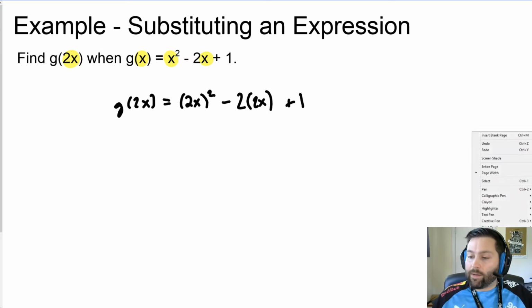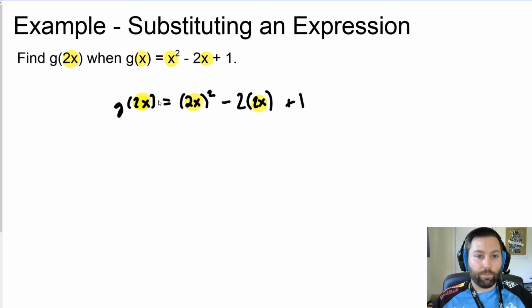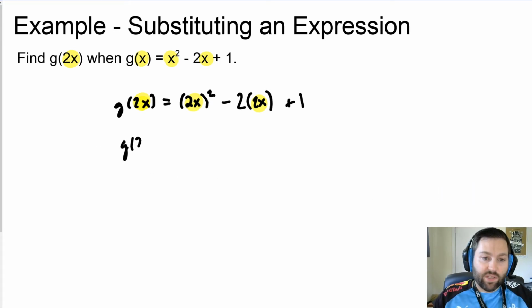So if you look at, and I'm going to again illustrate with my highlighter, instead of x, now there's a 2x. Instead of x to the second, there's 2x raised to the second. Instead of 2 times x, it is 2 times 2x in here. So instead of all the x's, now I wrote 2x. So to simplify it, I am going to leave the left side alone, because again, there's nothing to actually simplify there.